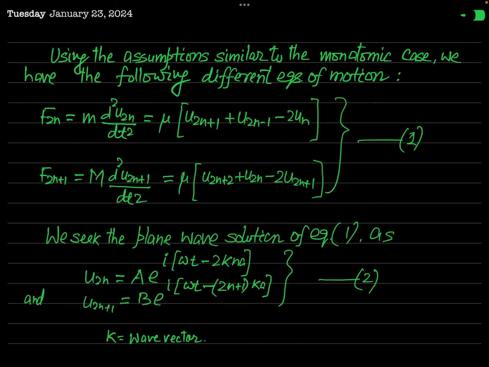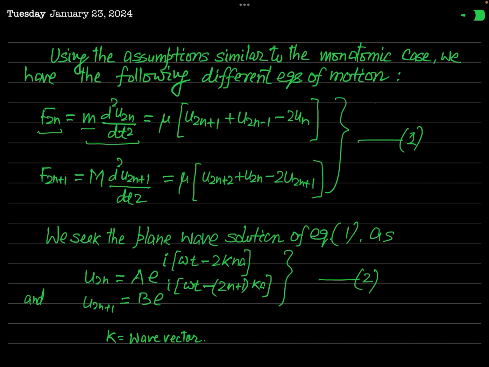If you consider that this F2n is the restoring force or the elastic force acting on the 2nth atom, which is responsible for its vibration, according to Newton's second law of motion, that will be equal to the mass of the even numbered atom, which is small m, times the acceleration of the 2nth atom.